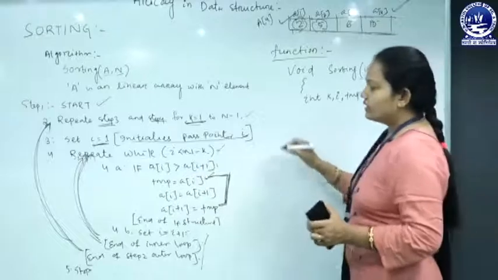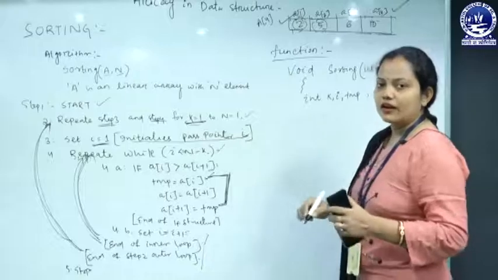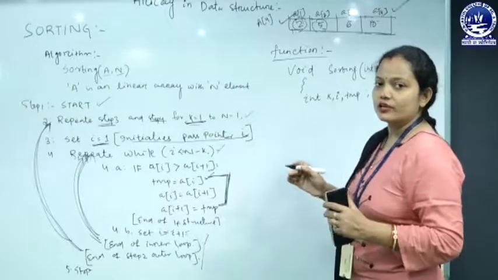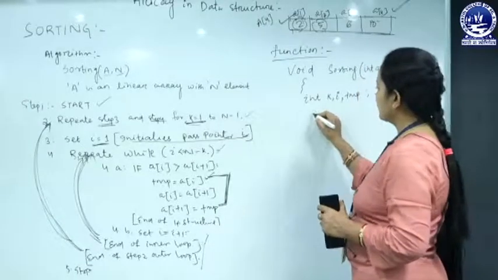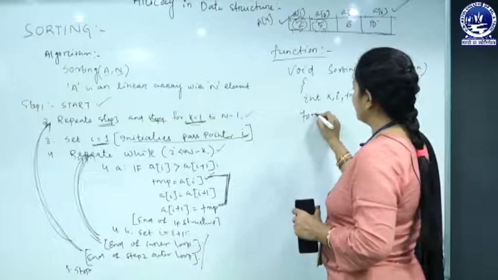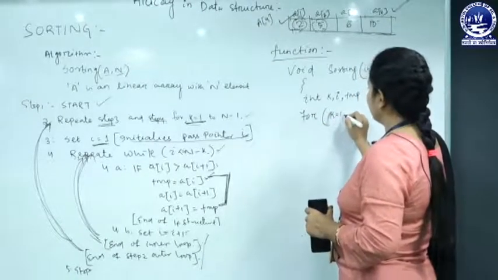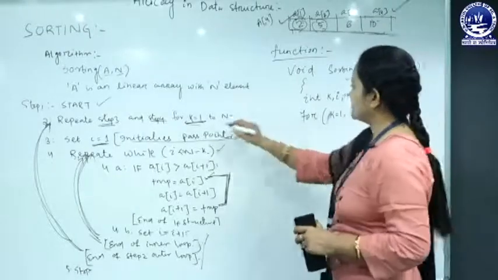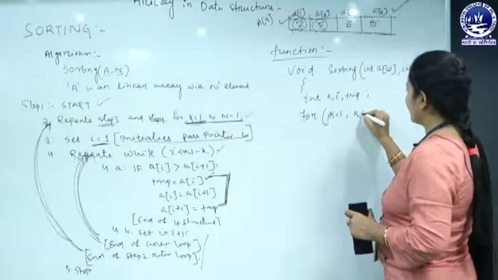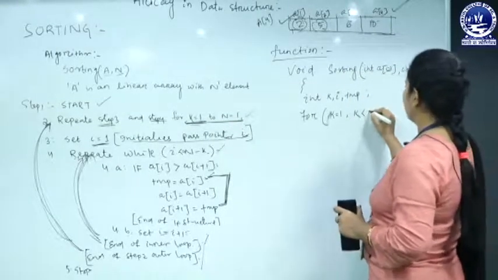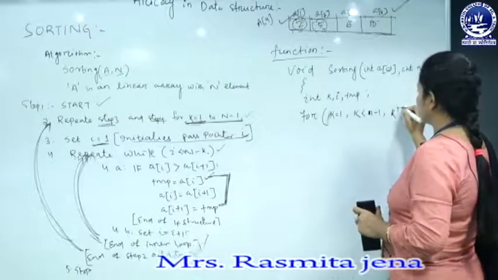Then we will take two loops. One is the outer loop for executing all the elements and the other is the inner loop for executing the passes, which are required to sort the elements. For the outer loop, we take k equals 1, k less than n minus 1, and k plus plus.